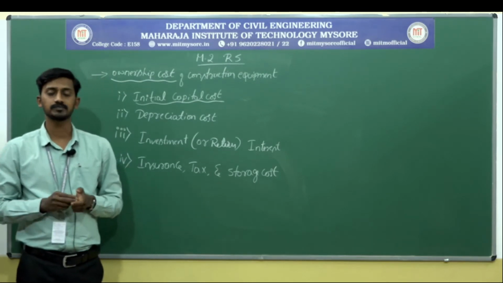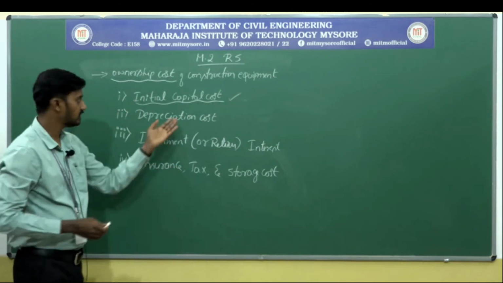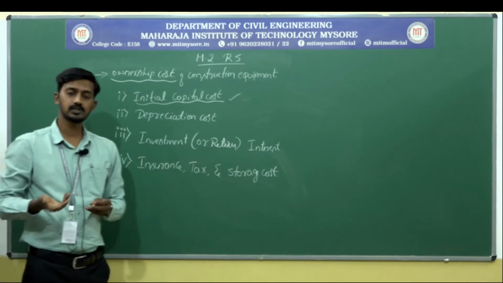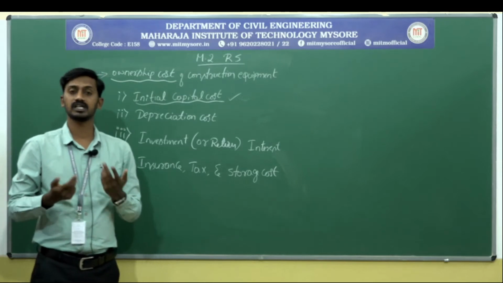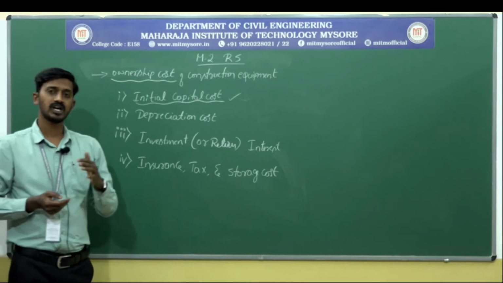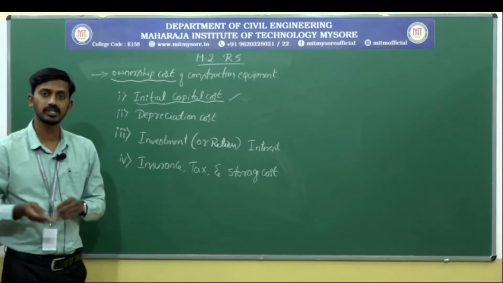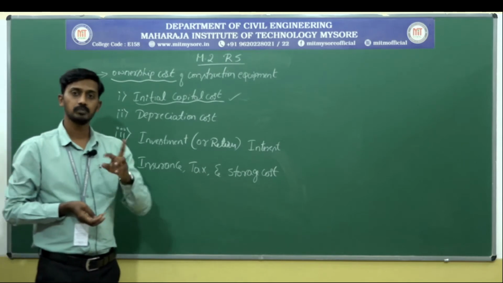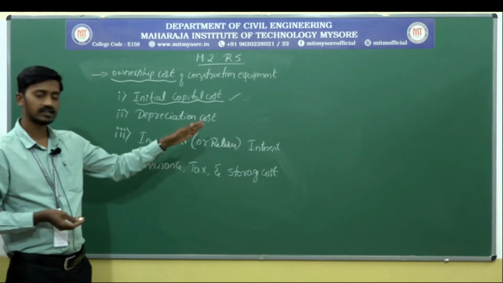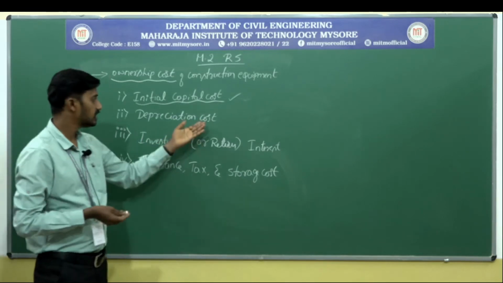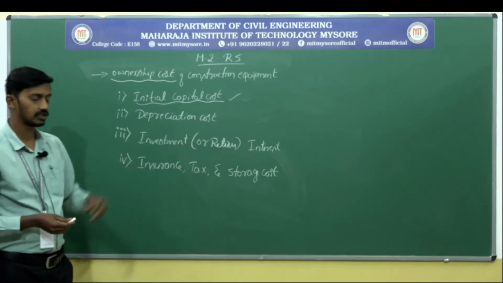Here it is a fixed thing based on the standard equipment, but this depreciation depends on the deterioration of the equipment, the condition of the equipment, to what extent it is in working condition, or to what extent wear and tear has happened on the surface of the equipment. Based on that, the deterioration cost can be calculated. To calculate that cost, we have certain 3 or 4 methods. We will come to it in detail under deterioration.